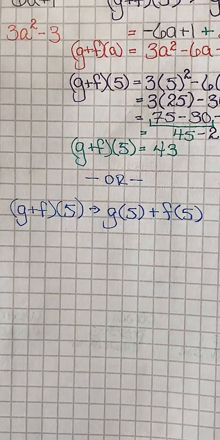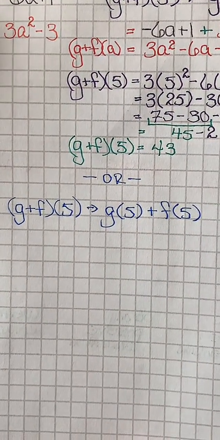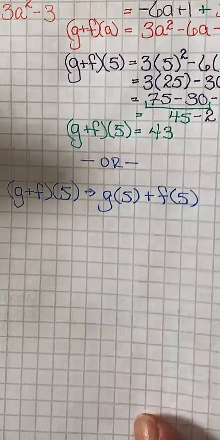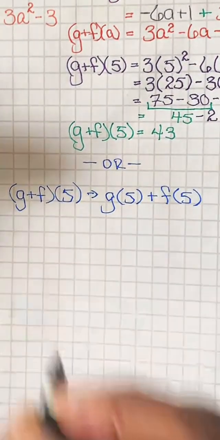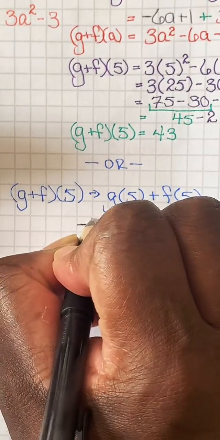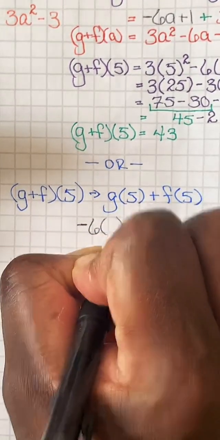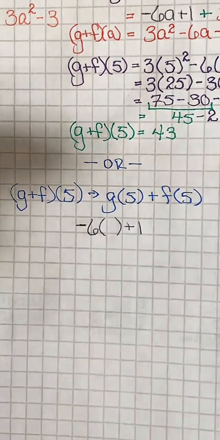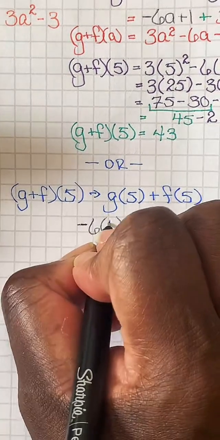So the G of 5 is basically going to be negative 6 times 5 plus 1, instead of an A. We're plugging a 5 in.